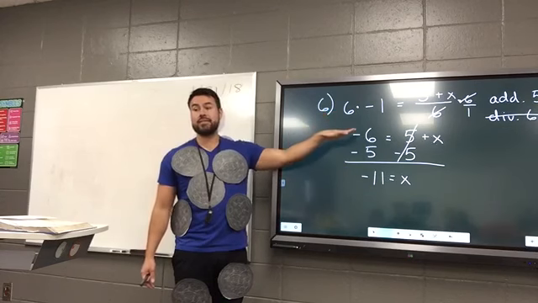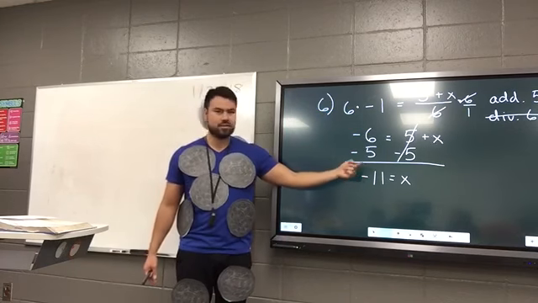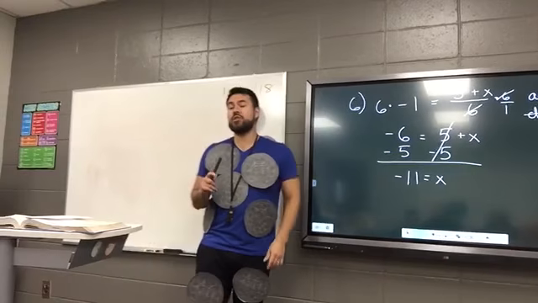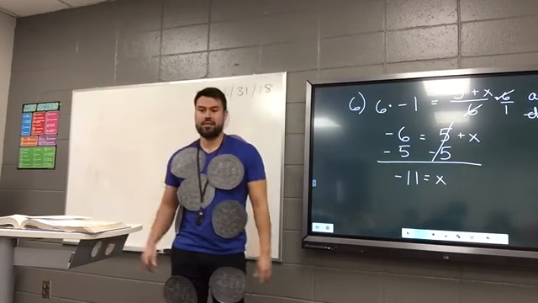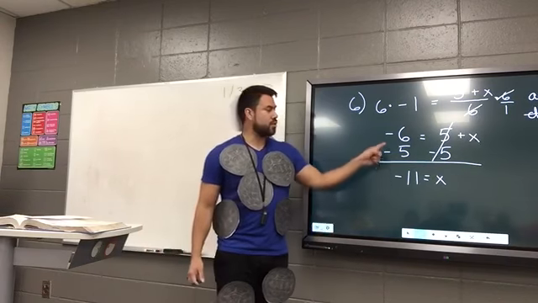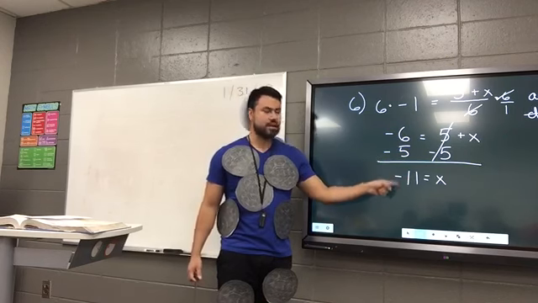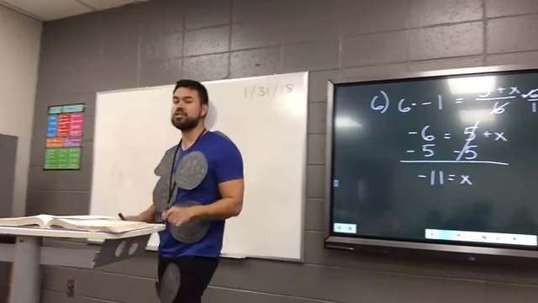I think of it as negative 6 plus negative 5. Two signs. That's when you're adding opposites. So what you would do is add the two absolute values together and then keep the sign. I think of it as addition. Addition makes it easier.